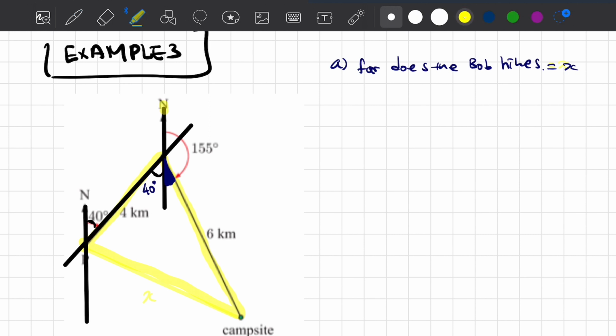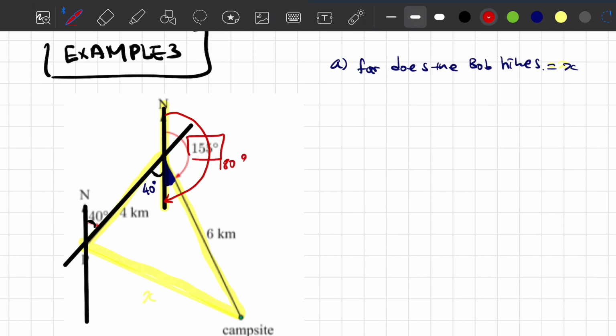To identify this blue colored angle, when you look at this second true north line, this extended true north line has created a straight line. That means everything from the true north line to this line is 180.